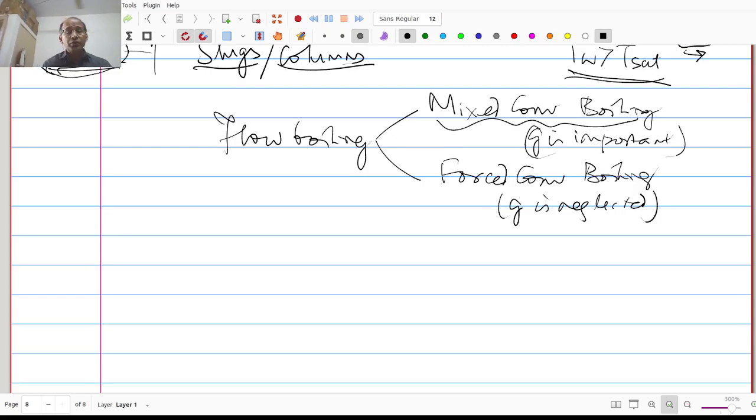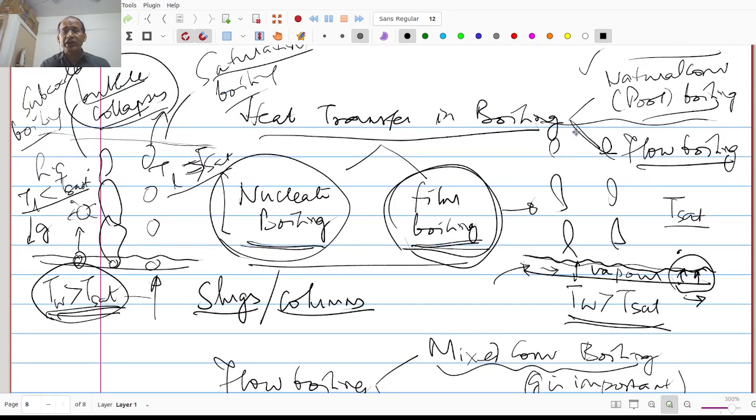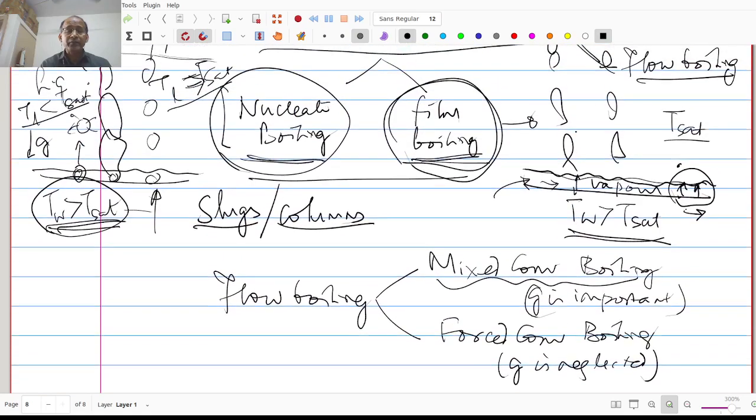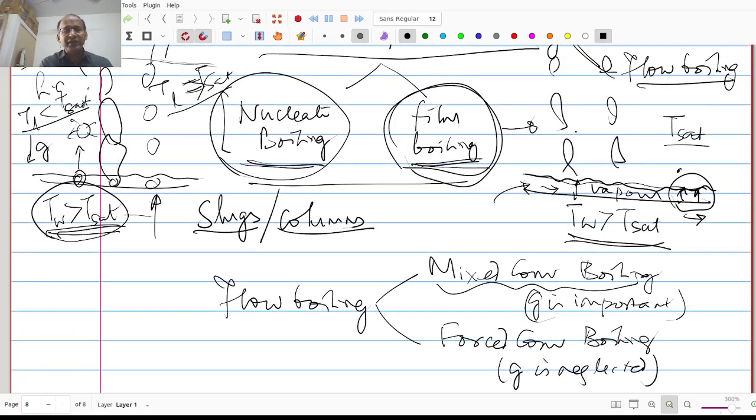Okay, so these are the classifications of boiling that we can talk about, and flow boiling can also have nucleate as well as film boiling, because while there is a fluid flowing on top of a superheated solid surface, the mechanism of bubble formation can be in the form of nucleate, where the discrete bubbles are formed and then they are swept away by the flow or natural convection. So that is nucleate flow boiling. And you can also have film flow boiling, where there is a stable film of vapor that is formed on the surface of the solid, and you have film boiling.